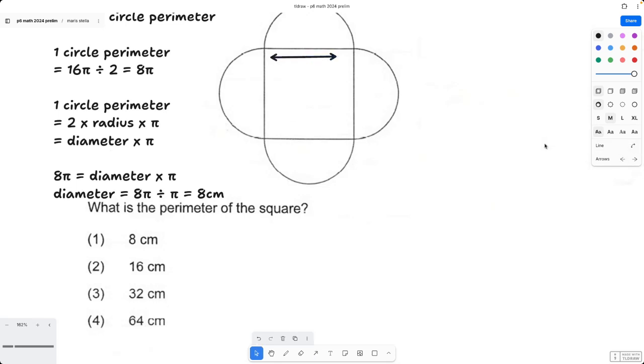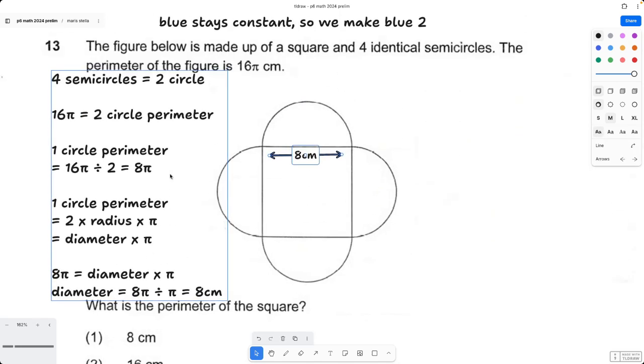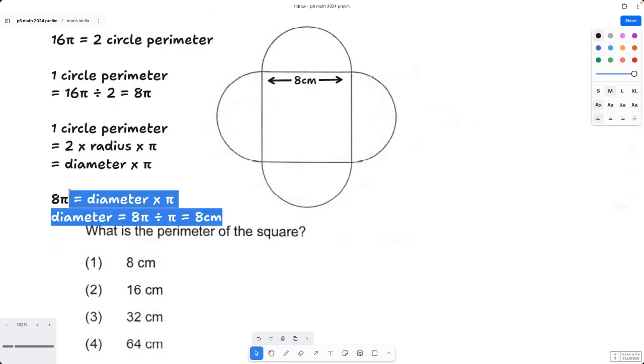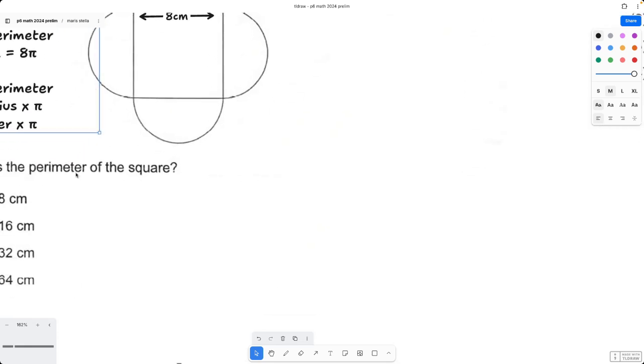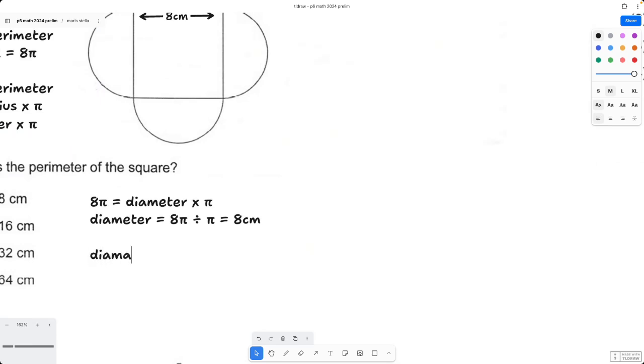Okay, so then we can just find the length of the parameter of the square. So diameter is equal to one side of square.